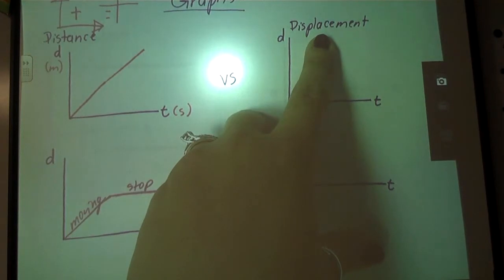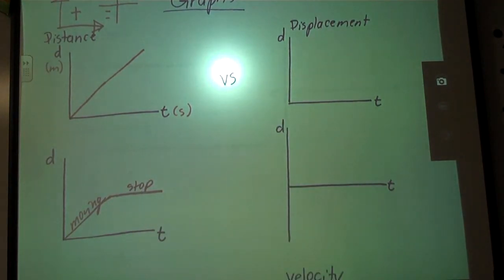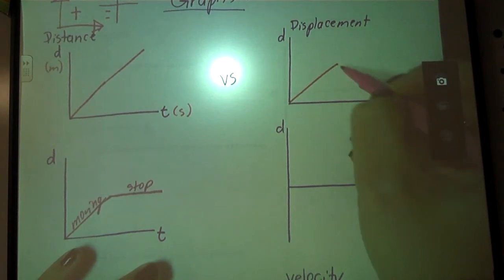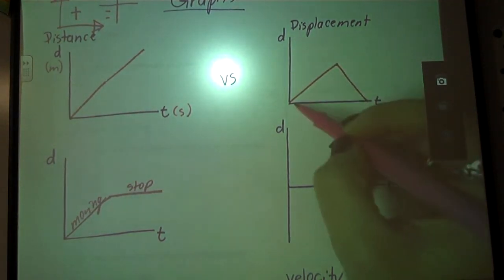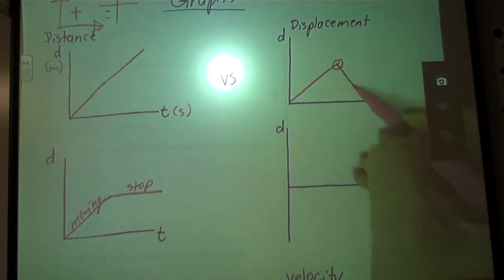Similar to distance is his close cousin, displacement. Displacement is distance with a direction. So now all of a sudden I care which way I'm going. I care very much. Think of this as how far you are away from your starting point. So back to our person that walked 10 meters and then turned around and walked 10 meters back. My distance increased as I walked away, but then I turned around and headed back.